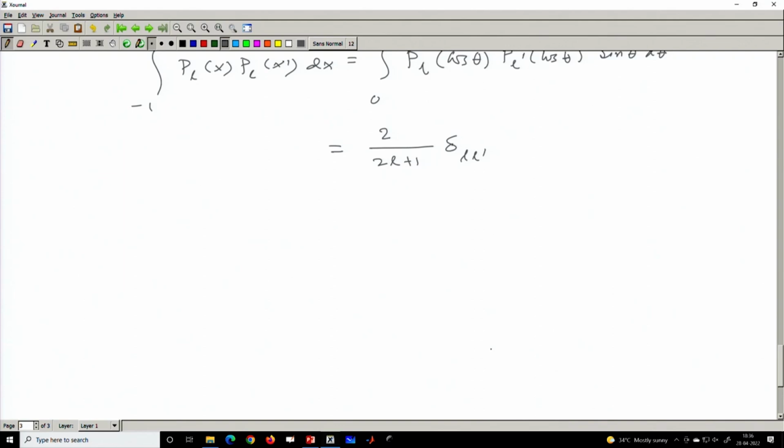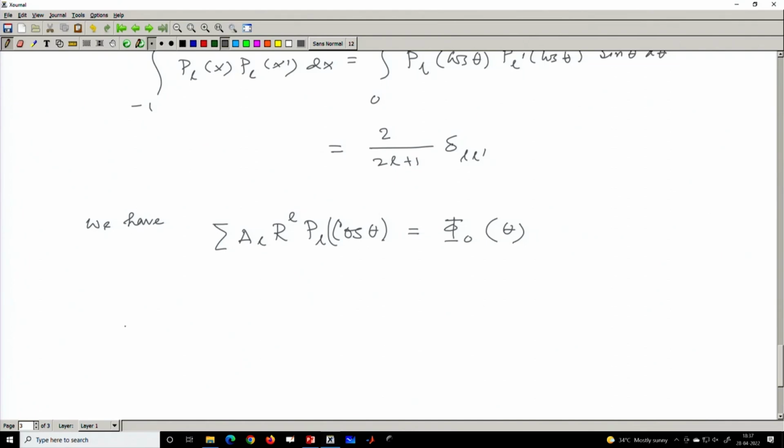This is the case. So, we have the sum over L of A_L r to the power L P_L(cos theta) equal to phi_0 as a function of theta. Now we are going to use this trick, because we know it is related to the delta function.